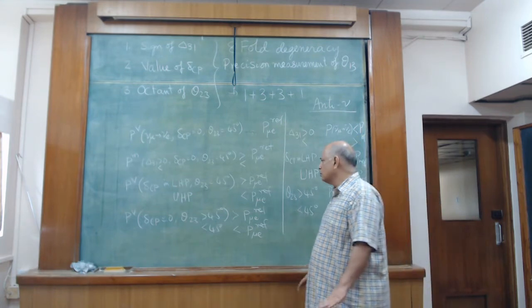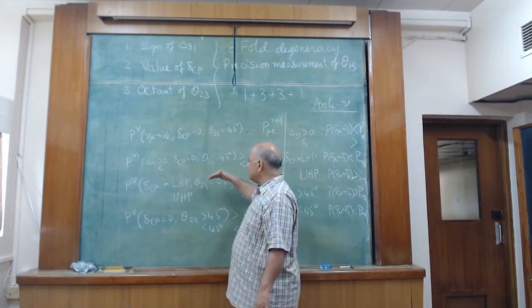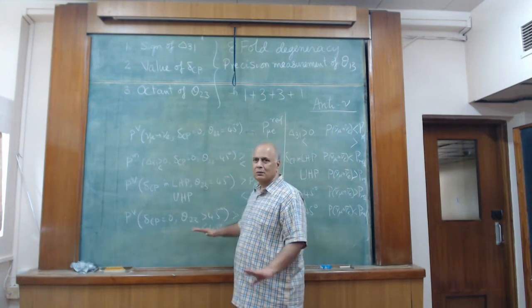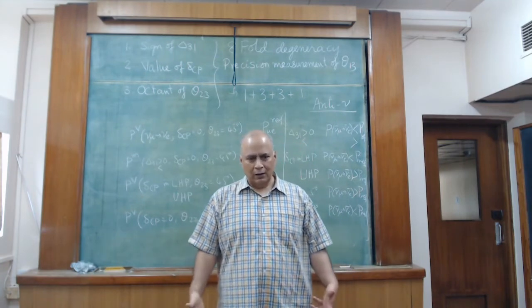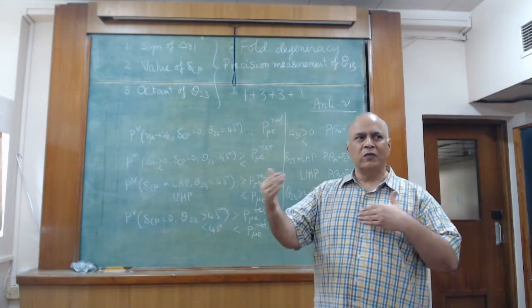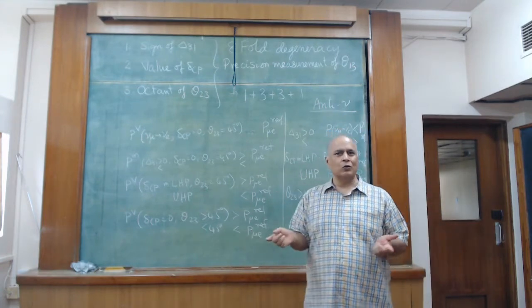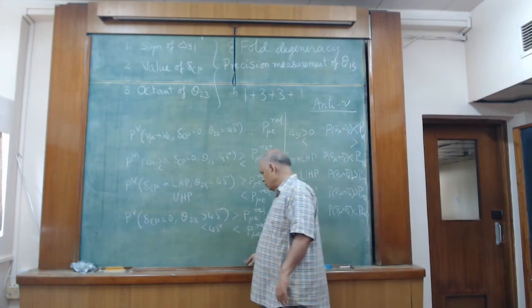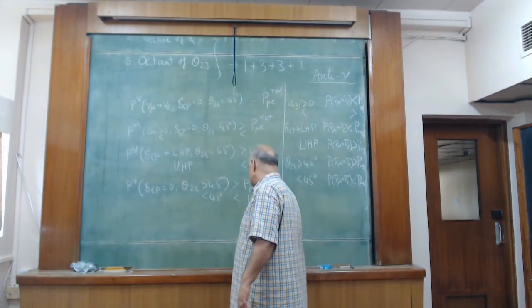So that solution is ruled out. But in the case of NOvA, it is very difficult to make a distinction between the other two solutions. So, let me explicitly write down.